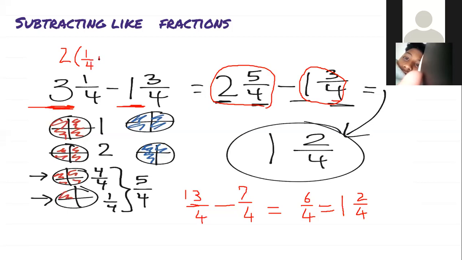A full whole is what? 4 over 4. So adding the full whole to it, I have, all in all, 2 and 5 over 4. Then you can subtract whole from whole, fraction from fraction, and you get your final answer.